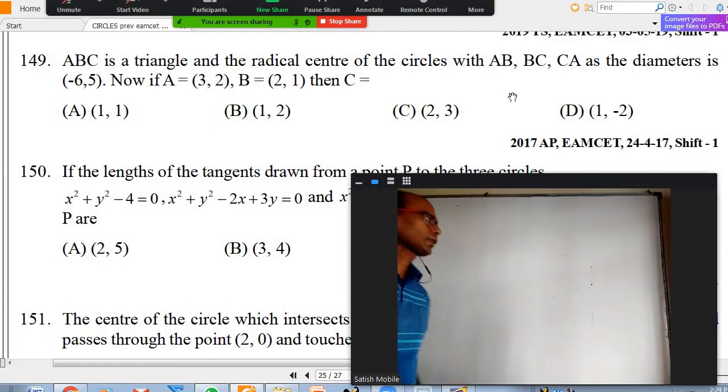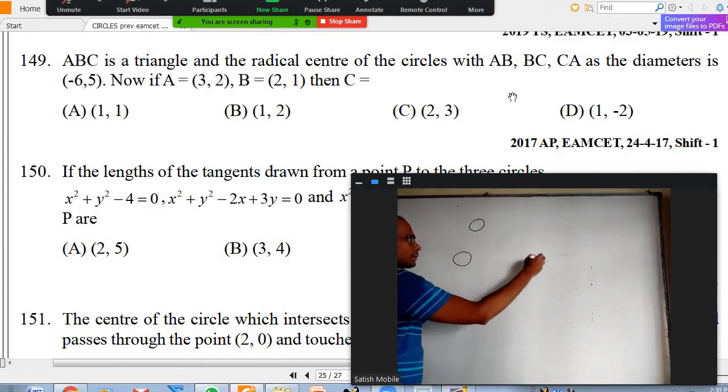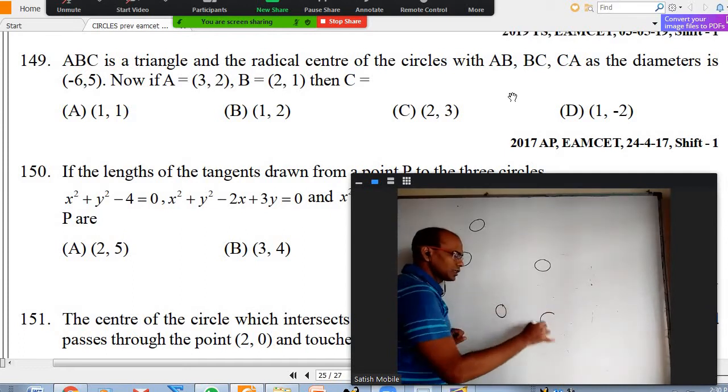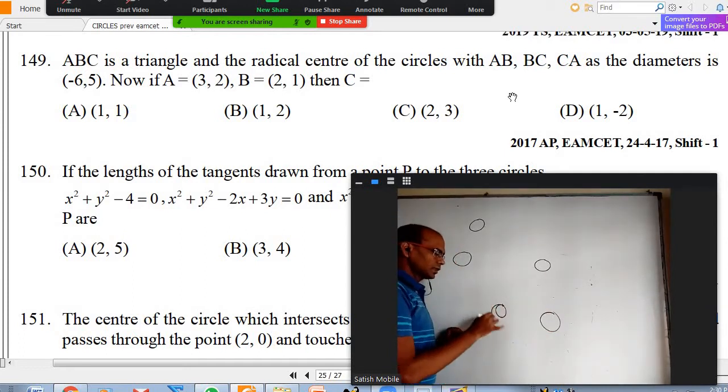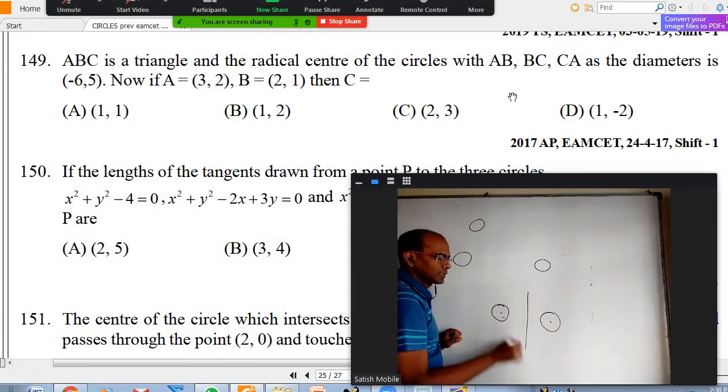It can be anything. Let us take three circles of equal radius. In this case, where is the radical center? Whenever you take two circles of the same radius, then only the radical axis is the perpendicular bisector of the line joining the centers.